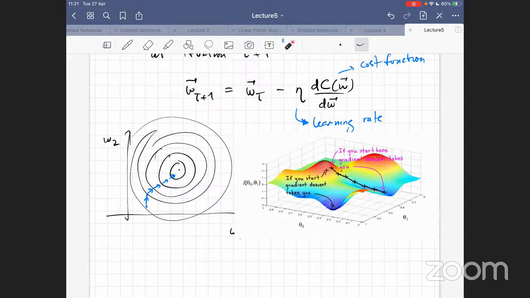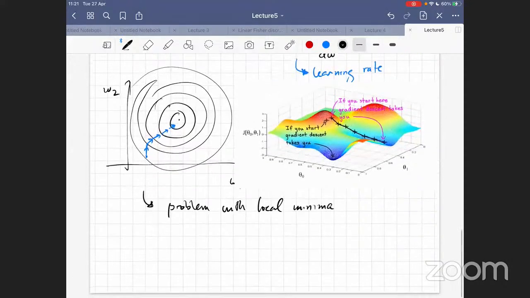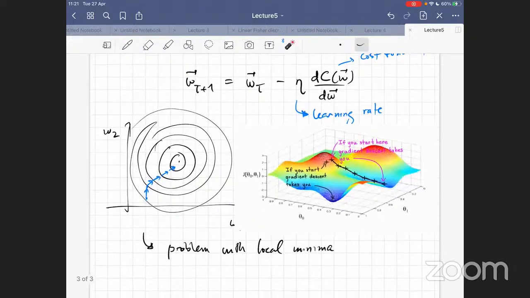Of course, if there is a unique minimum, then the algorithm is working no matter where you start. However, here the problem is with local minima, because just by doing this thing, it is not enough to make sure that you don't go to a local minimum, but what you want to do in general is to go to the global minimum, right?